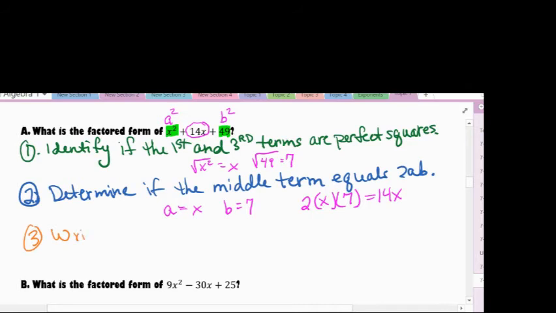The third step is to write the square root of the first and third terms as a binomial squared.